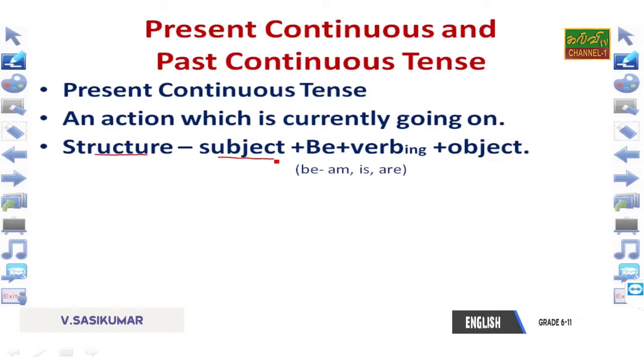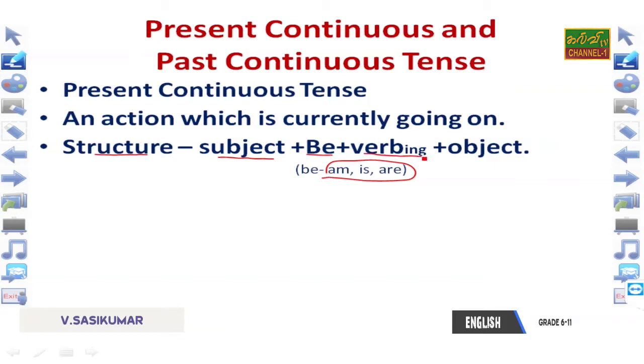Following the subject, we can write be verb: am, is, are. You know well, no? Then third thing, present tense verb plus ing form.